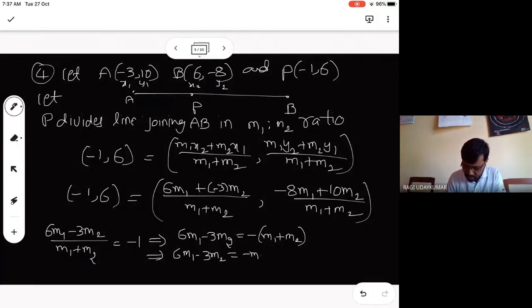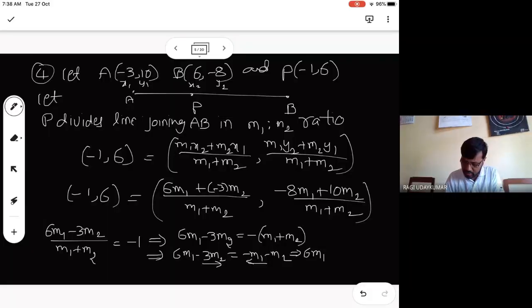So take the M1 to this side and 3M2 to that side. So what do you get here? Here I am writing 6M1. Minus M1 from the right comes to the left side, so you get plus M1, is equal to minus M2 on the right side and plus 3M2.